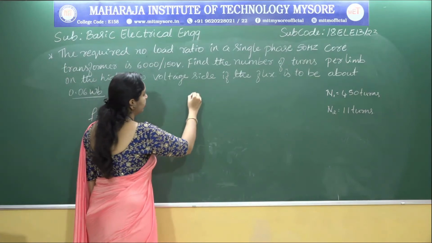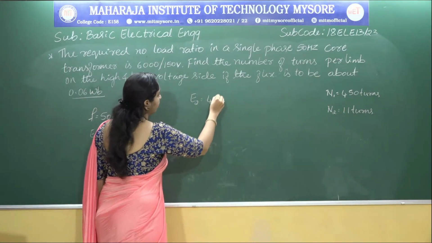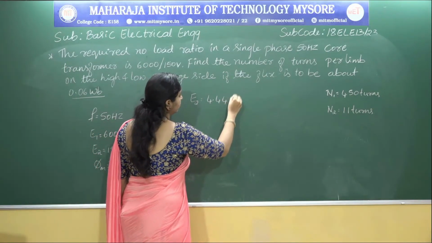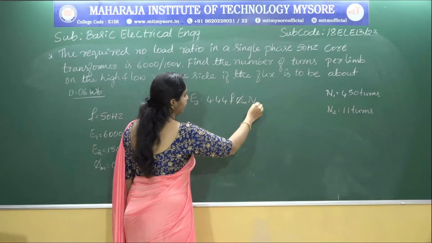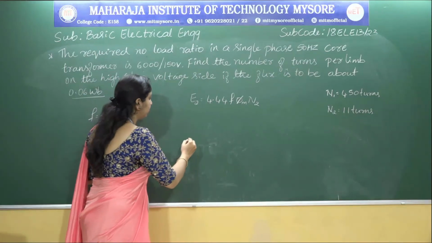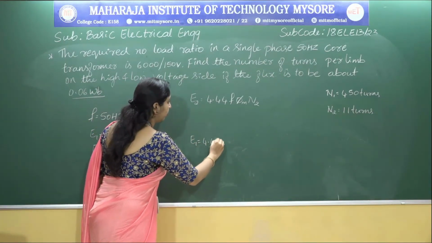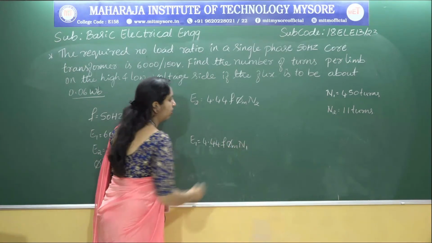What is the equation to find the number of turns? We know that E2 is equal to 4.44 F phi m N2, and similarly E1 is equal to 4.44 F phi m N1.